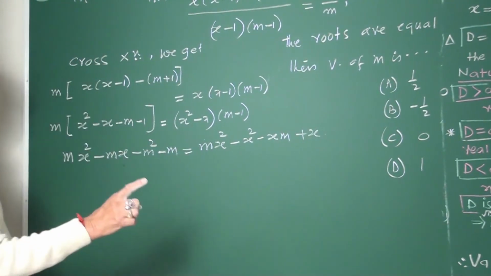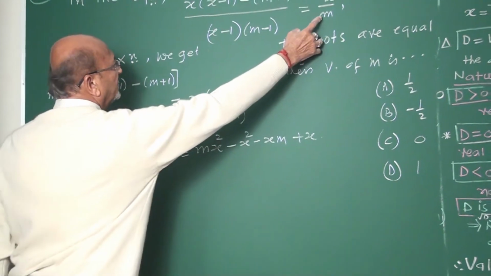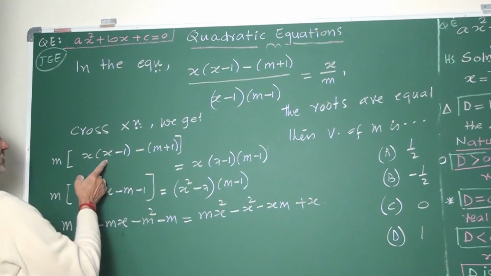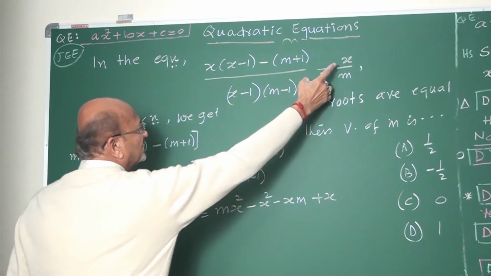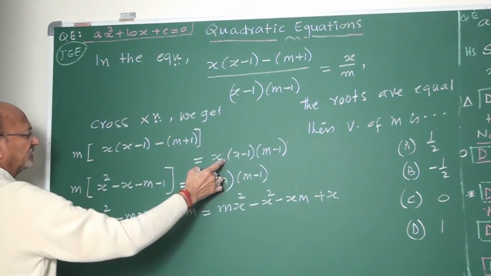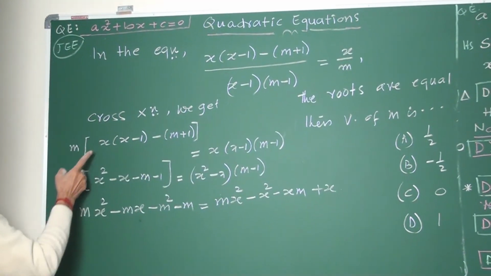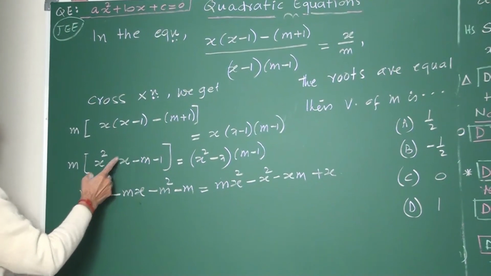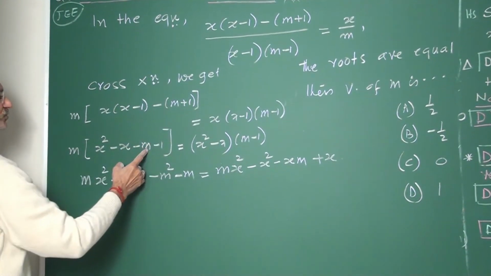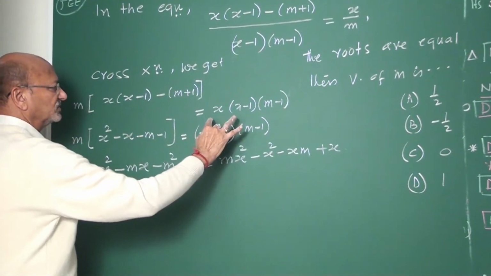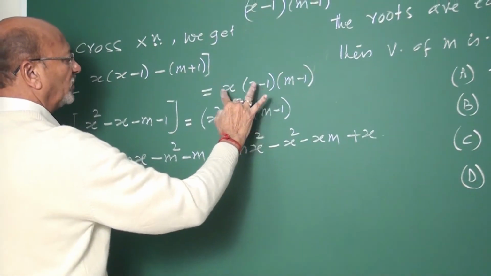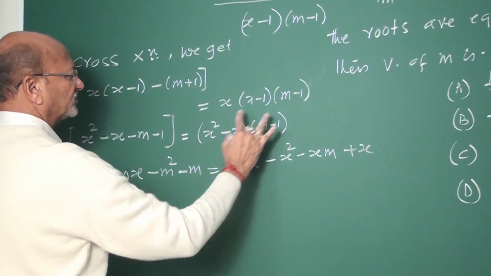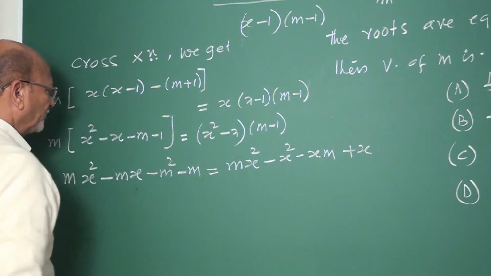My friends, I will explain once again. M into this numerator equal to RHS x into denominator, m into x square minus x minus m minus 1. What is this? X into x minus 1, x square minus x into m minus 1.